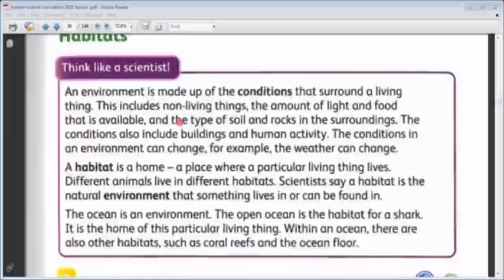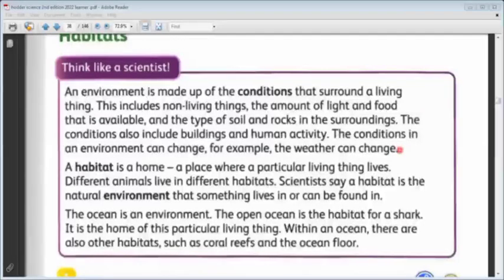The conditions in the environment can change. For example, the weather can change. So this is the definition of the environment. We say that it is everything around us, including non-living things and conditions that can be changed. Like what?